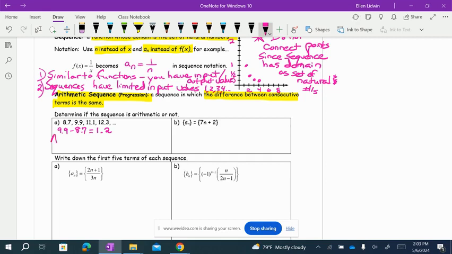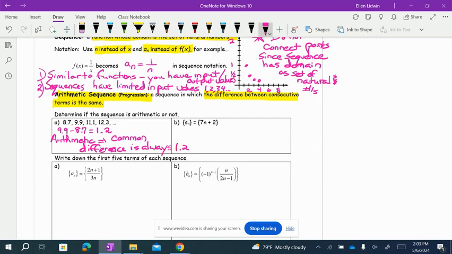So we say this is arithmetic since the common difference is always 1.2.